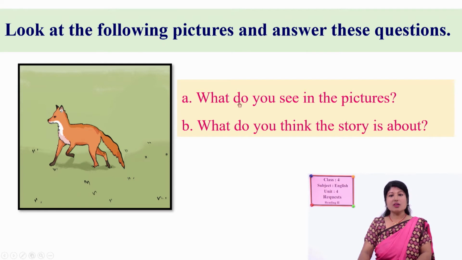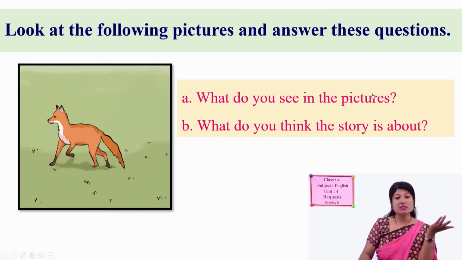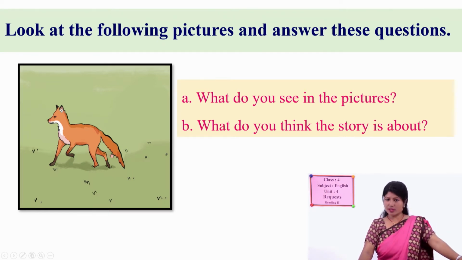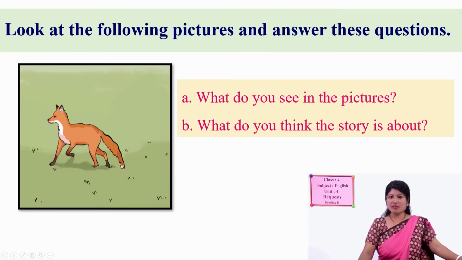What do you see in the picture? As we have already discussed, this picture looks like a fox. Then of course we can see a fox walking. Can we say walking? Moving. Okay, moving here and there. Fox is moving here and there.